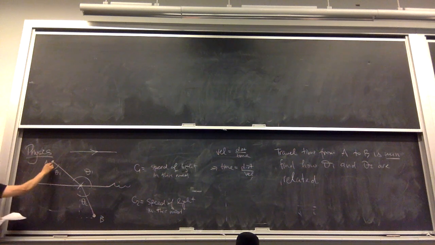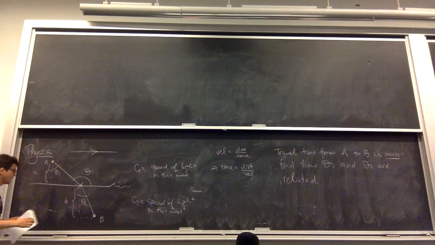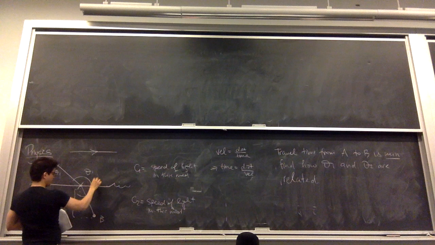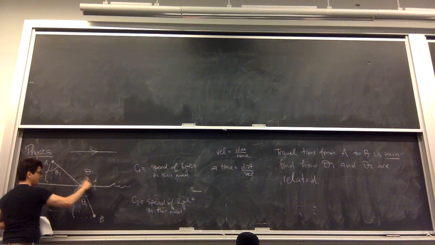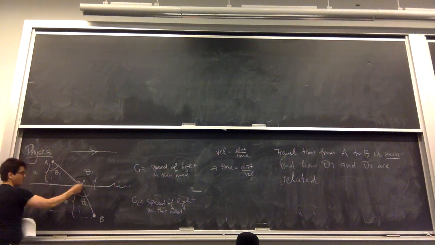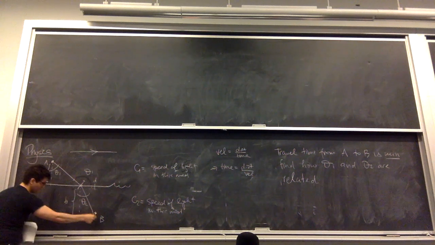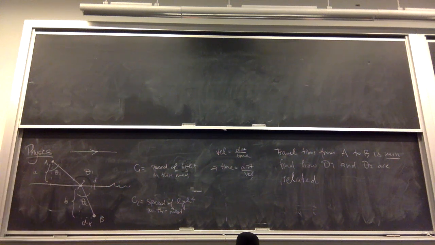Let's call this distance here A, this distance here B, and this distance here D. And we'll call this X, because we get to come up with labels. X will be chosen so that this will be a minimum travel time. This is D minus X down there.